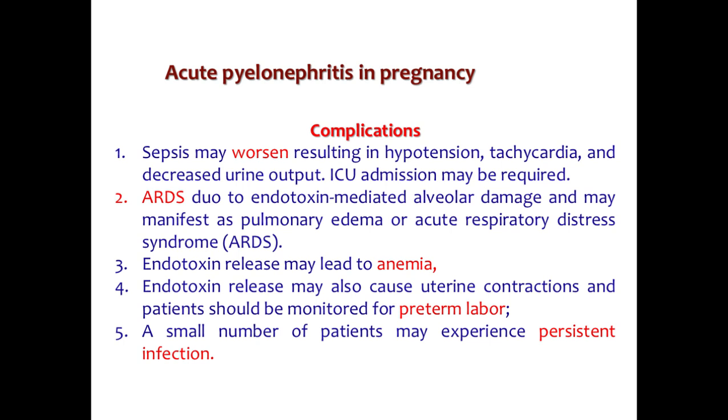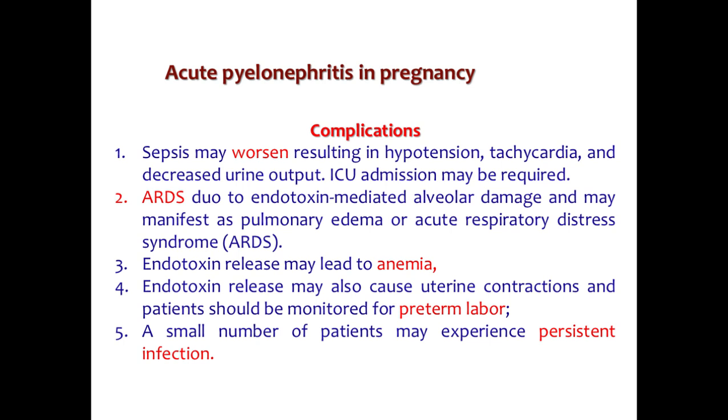When sepsis occurs and becomes worse, it will result in hypotension, tachycardia, and decreased urine output. In this case, ICU admission is required and inevitable, because adult respiratory distress syndrome can occur at any time, due to endotoxin-mediated alveolar damage.